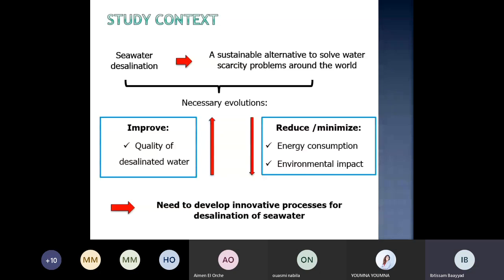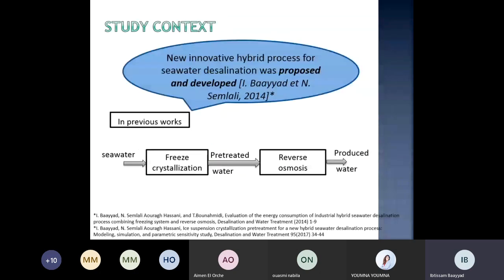In our previous published works, a hybrid system, combining freezing and reverse osmosis, was proposed and developed. In the new proposed hybrid process, the freezing process is used as a seawater pretreatment method upstream of reverse osmosis membranes. Reverse osmosis is widely used to study the process.